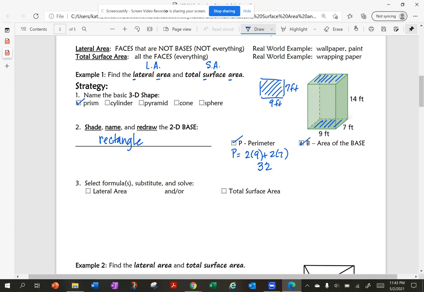My lateral area is P times H, perimeter times the height, and it's also asking me to find the total surface area, which is P times H plus 2B, where B is the area of the base. The area of the base is 9 times 7, which is 63.